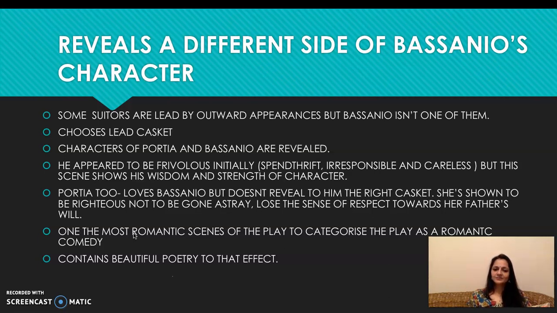So, from this angle, showing these two important characters in these lights, this scene becomes important. The scene throws some light on the different characteristics of Portia and Bassanio. In this particular scene, we see these sides of their character, so it becomes important.